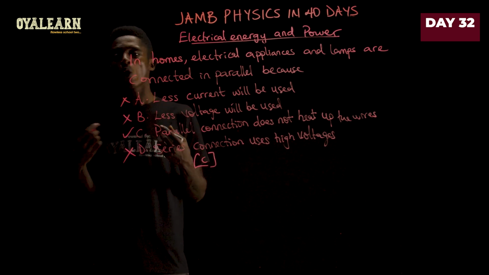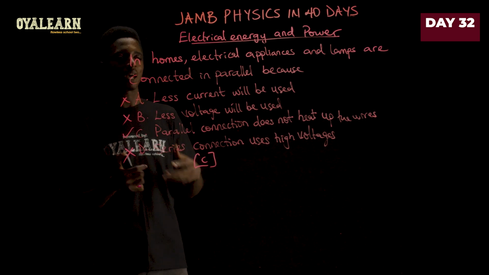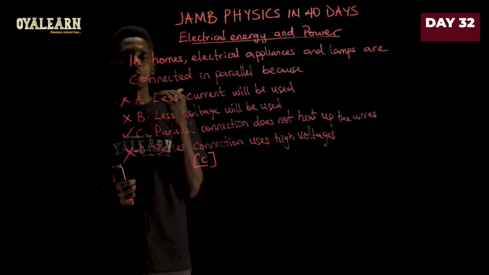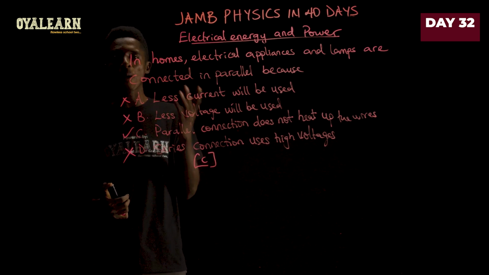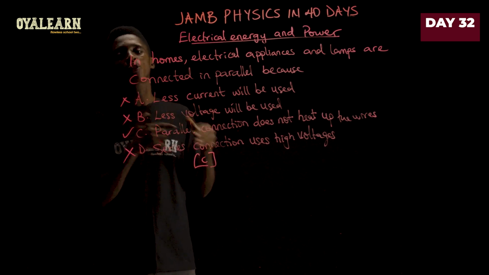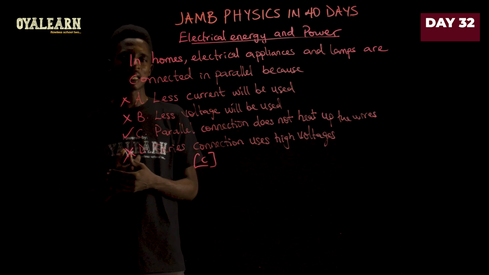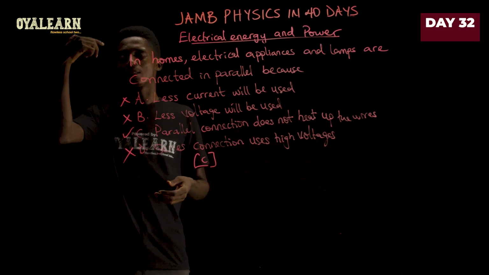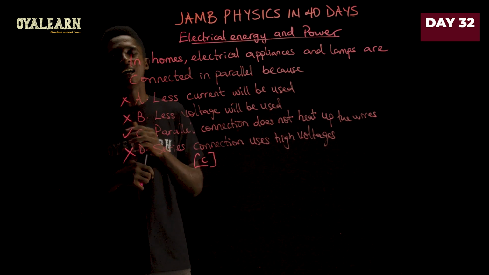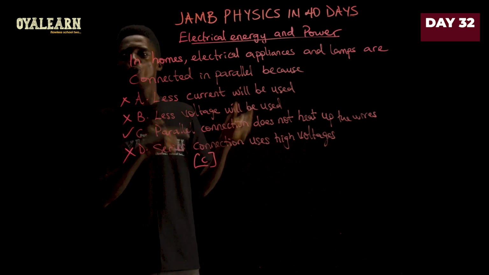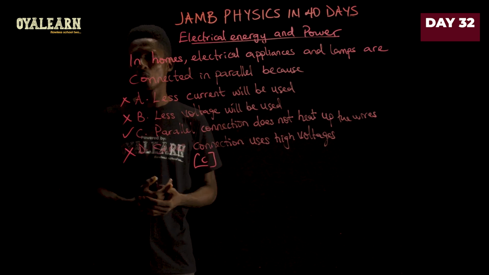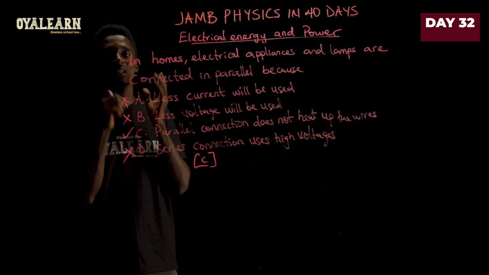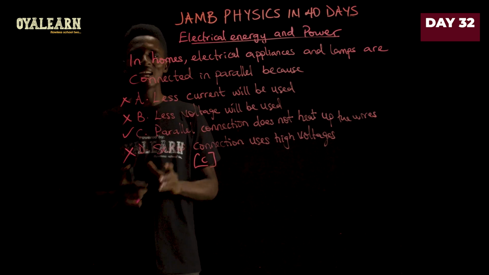But take note, there are other reasons why you can go with parallel connection. One of them is the fact that it helps you independently switch on and off any of the devices. For example, if you are within your living room and you want the living room lights to be on while the one in the bedroom is off, you can easily do that with their individual switch, because in parallel connection, each of the devices can be assigned its own switch.